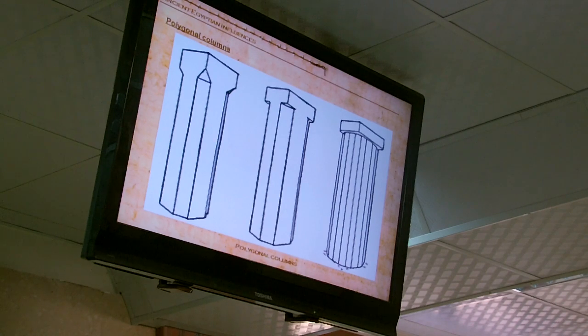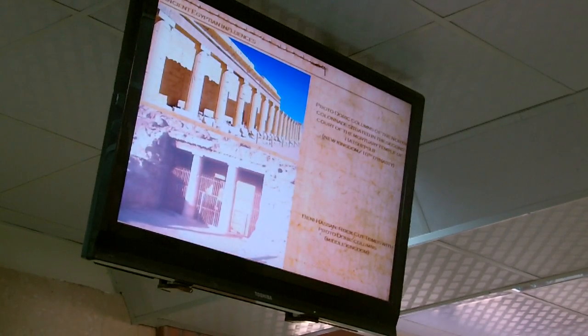These columns were found to have a height of between 4.5 and 6 times their diameter.